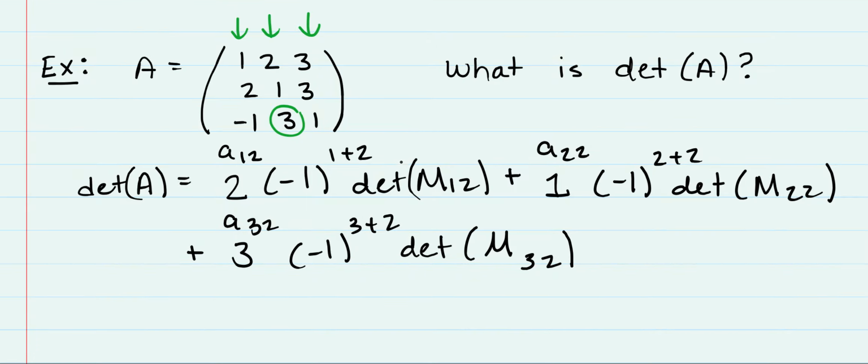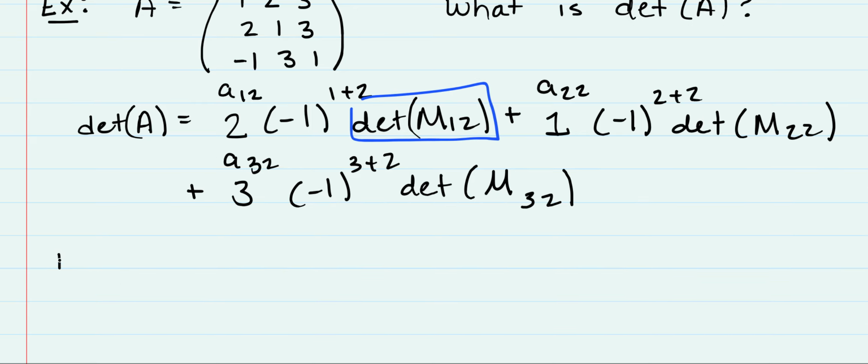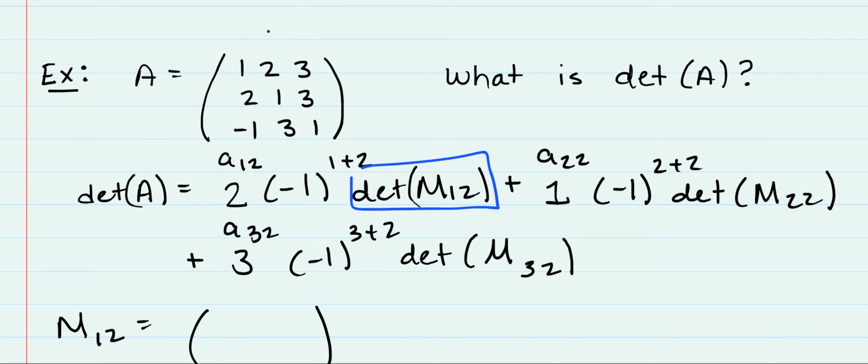I'm going to do the same thing I did last time. I'm going to find the determinant of each one of these minor matrices. Let's start with this one. So M12 is going to be a 2 by 2 matrix.